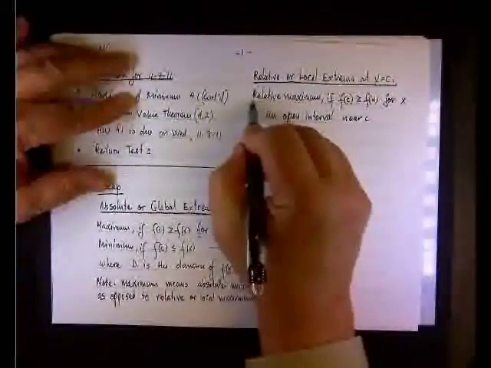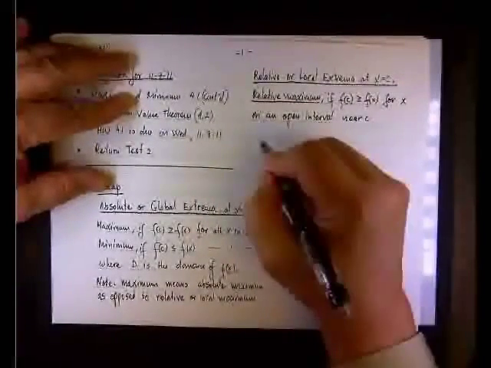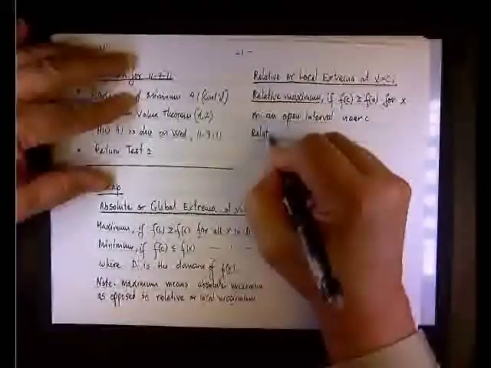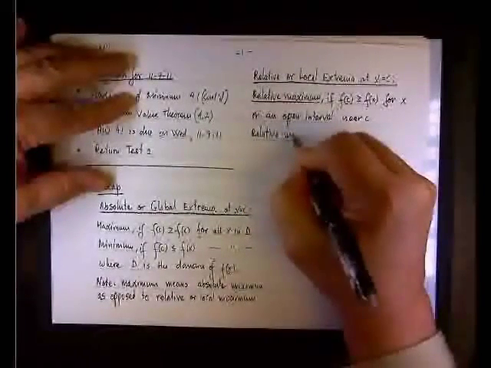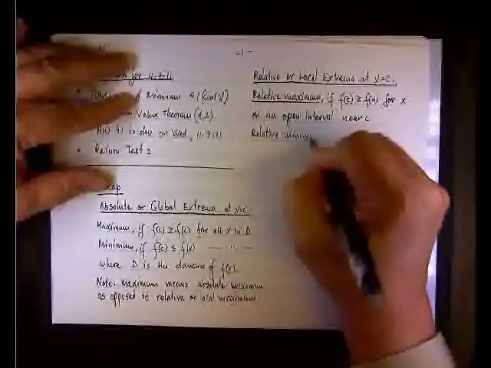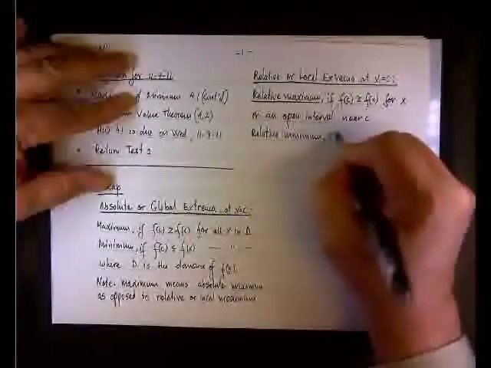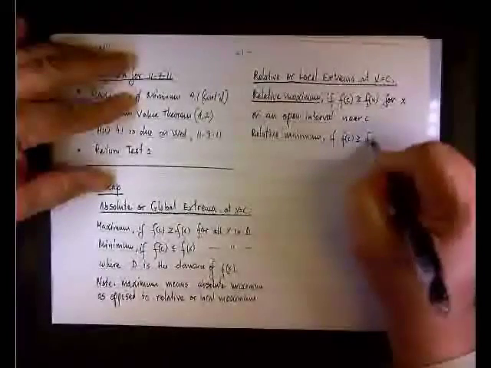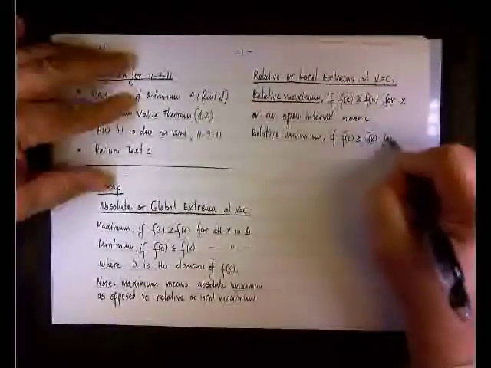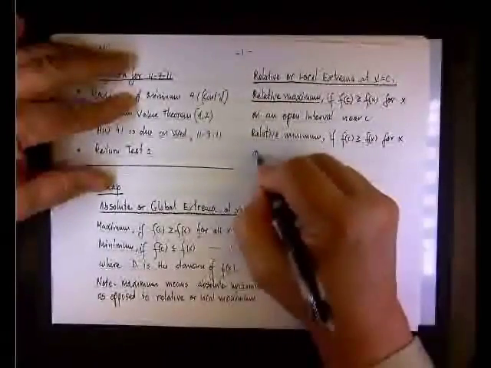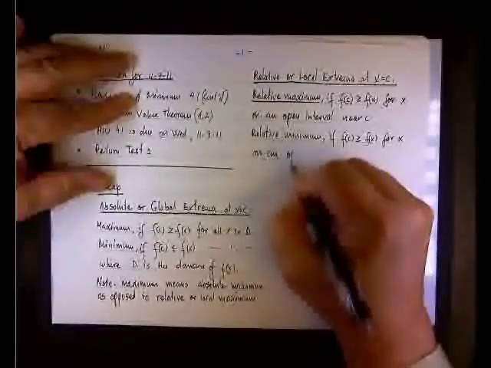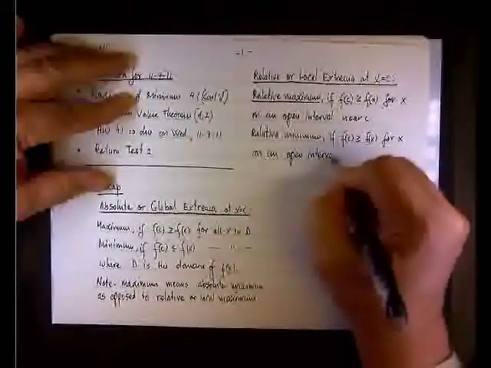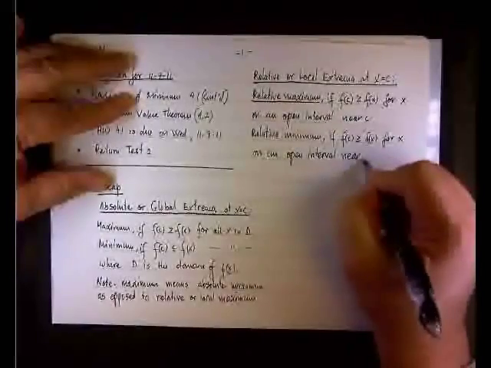And likewise, we're going to say relative or local minimum if f of c is greater than or equal to f of x for x on an open interval near c.